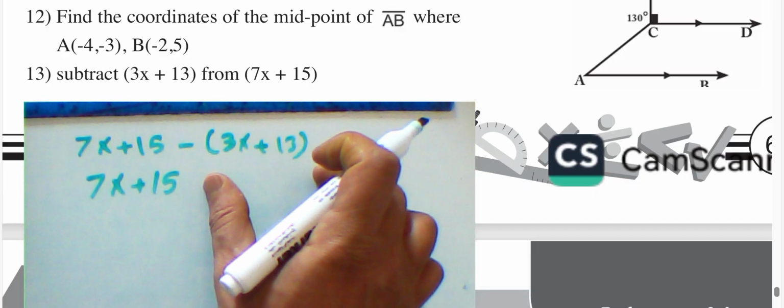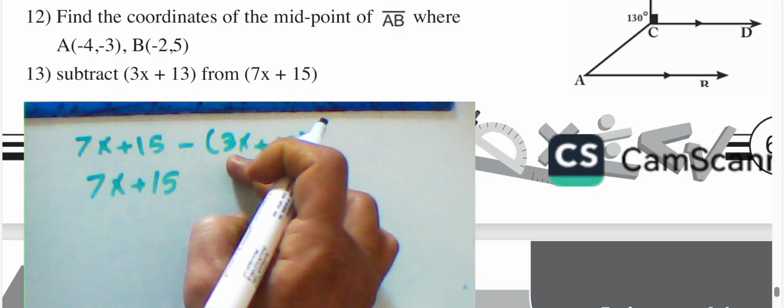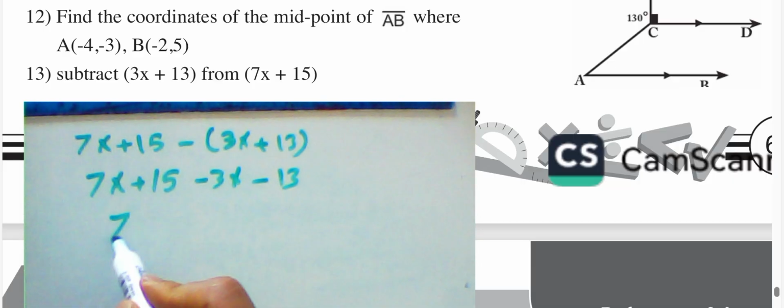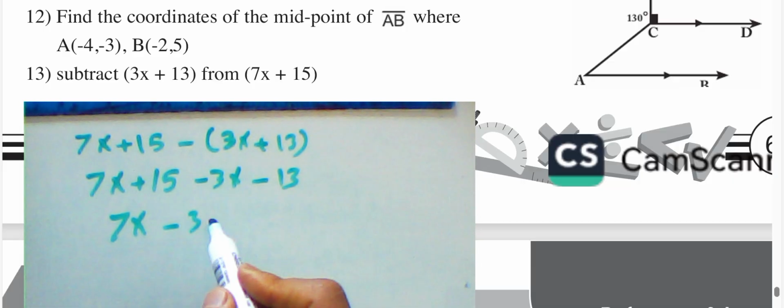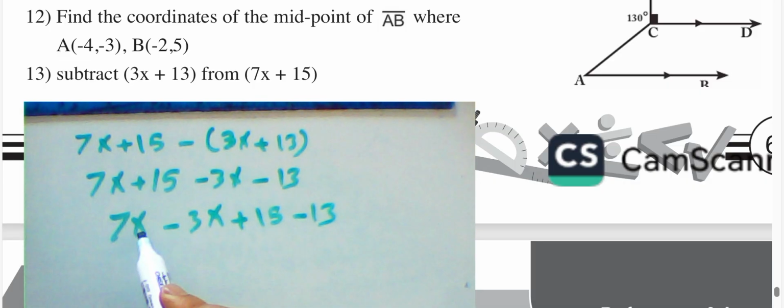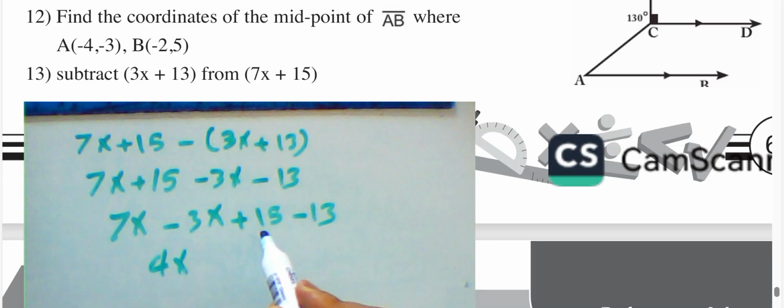Here this expression uses the distributive property: negative times positive is negative, and negative times negative is positive. We can write 7x plus negative 3x and then 15 plus negative 13. 7x minus 3x will be 4x, and 15 minus 13 equals 2. And the answer will be 4x plus 2.